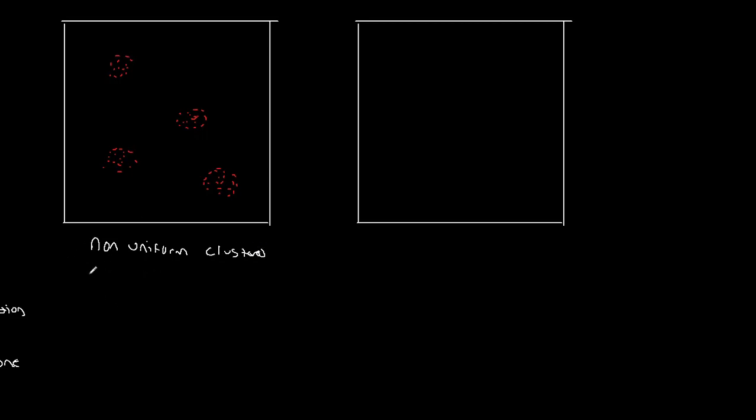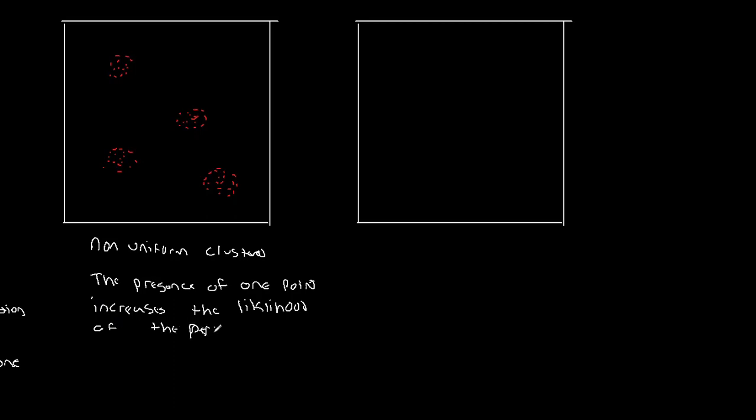So a non-uniform clustered basically means the presence of one point increases the likelihood of the presence of another point nearby.